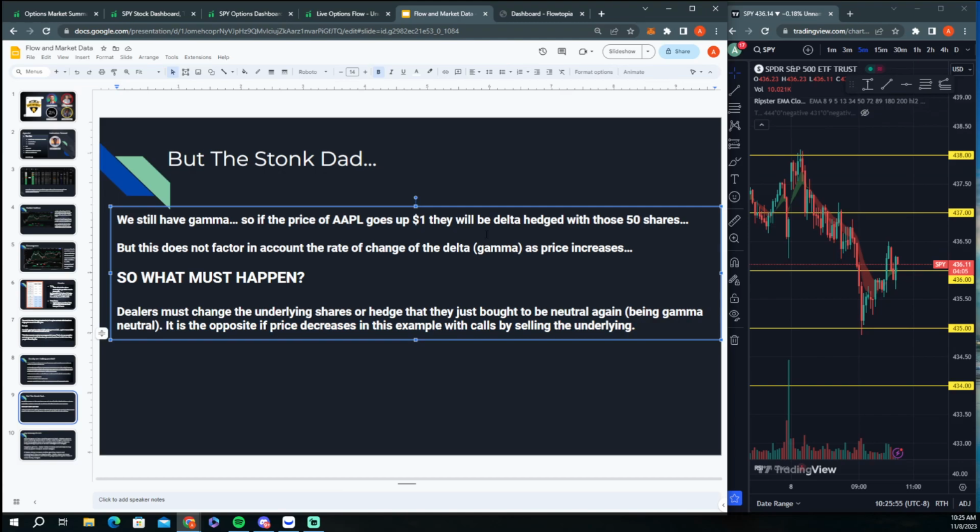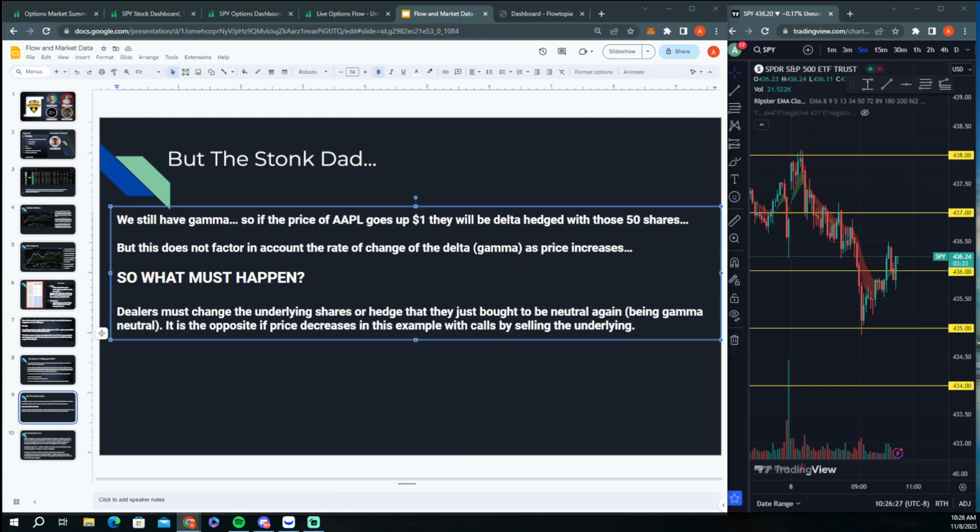So say an option price goes up. We'll go back to that Apple example. Say that market maker sells you that Apple contract, and you win. You're the buyer, and Apple goes up. So they have to hedge by selling the underlying, because the gamma keeps increasing, and then the delta keeps increasing in that favor. So they have to keep hedging.